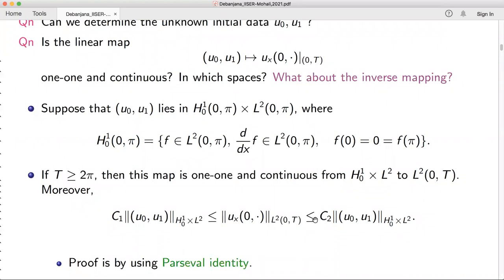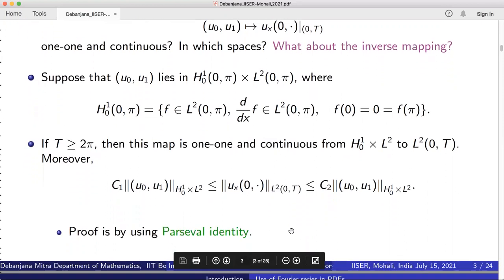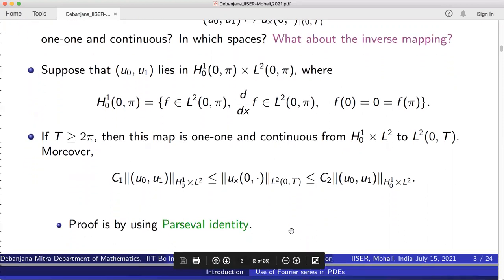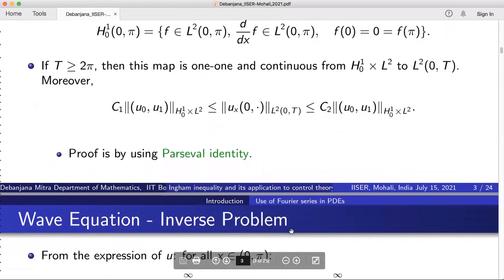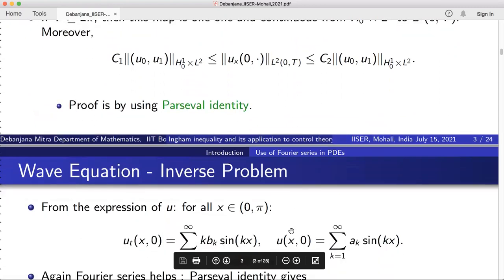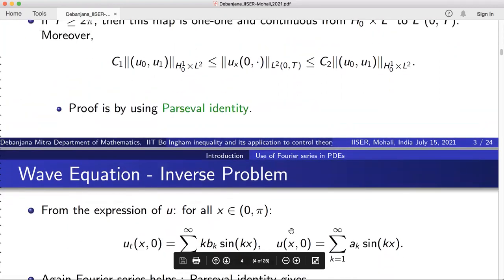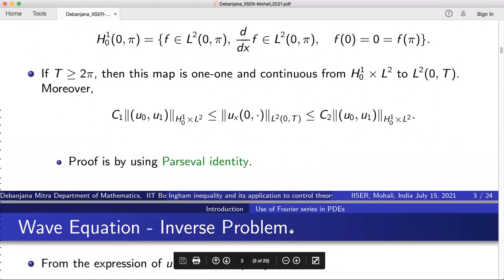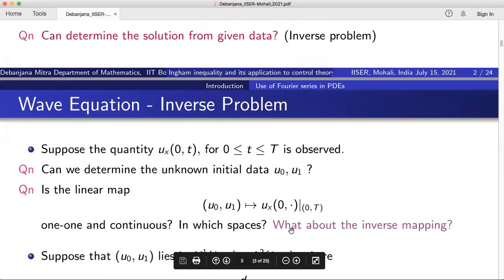So how do we prove this estimate, or even the well-posedness? That is very simple. It is a simple application of the Parseval identity. Let us see what we do using it.